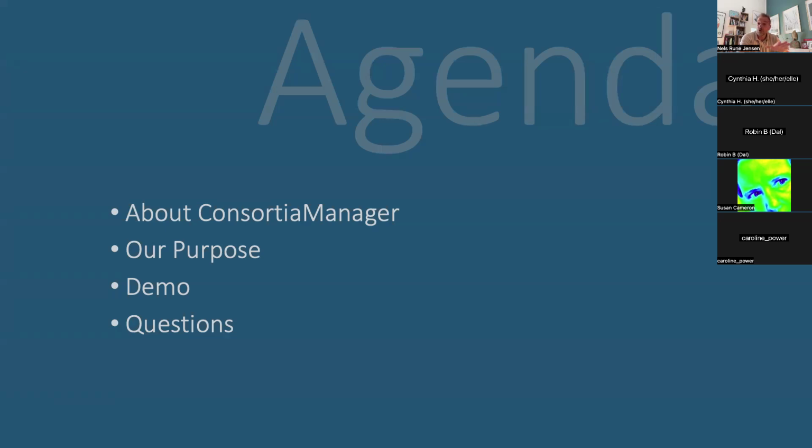Then I'm going to give you the demo of the member interface, which is, of course, important. You're all acquisitions librarians, I assume, so this should come as no surprise. If you can use a subscription agent's interface or a publisher's interface, you'll surely be able to use ConsortiaManager, but it's still good to get a sense of what it looks like and what you can do. And then we'll have some time for questions at the end as well.